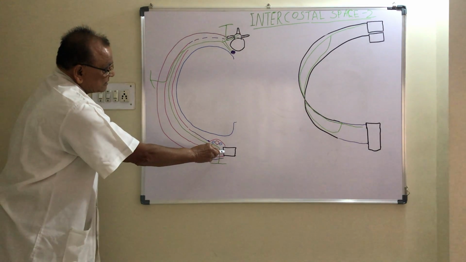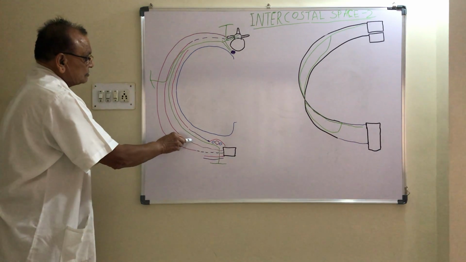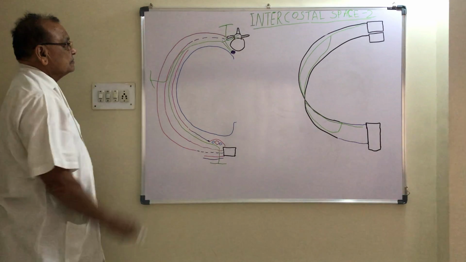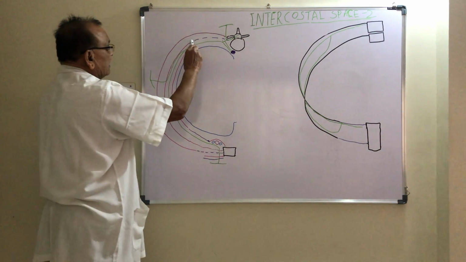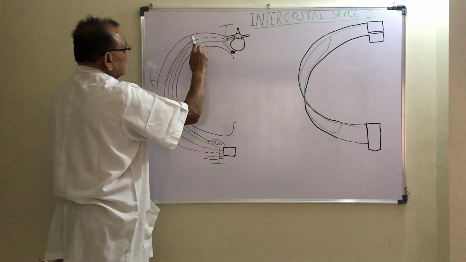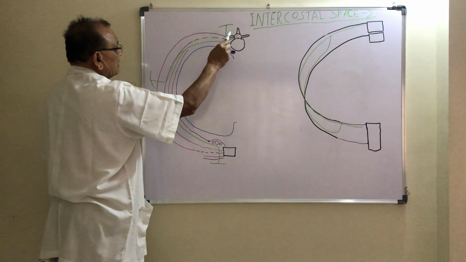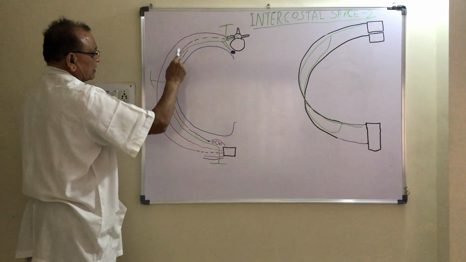Internal intercostal muscle is this one. It starts at the lateral margin of the sternum and extends up to the angle of the rib. At the angle of the rib, it is replaced by the internal intercostal membrane, which extends up to the tubercle of the rib.